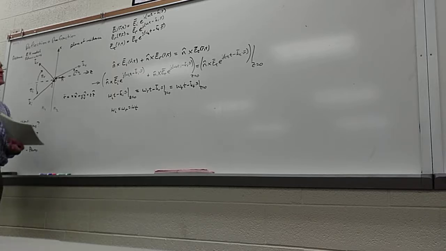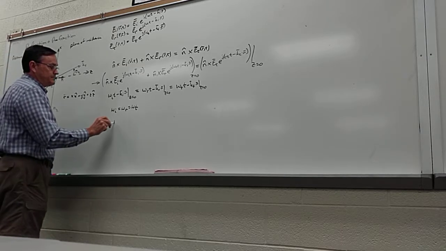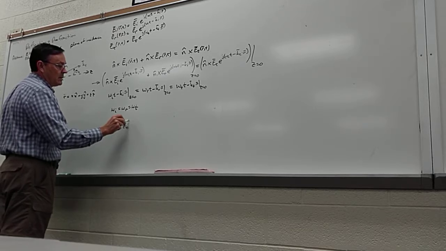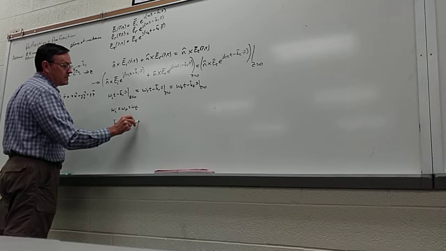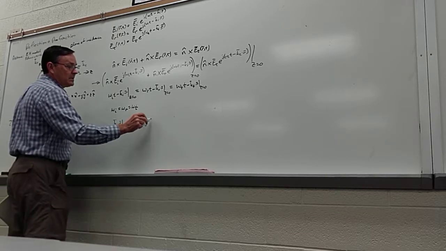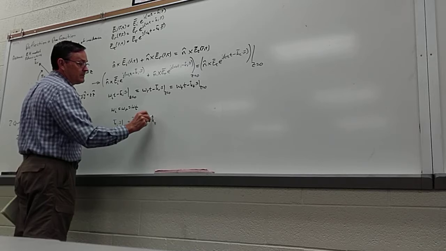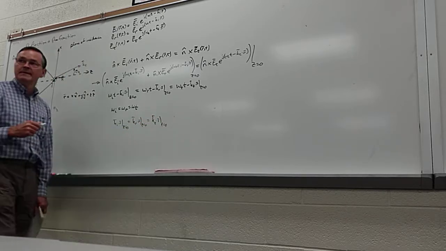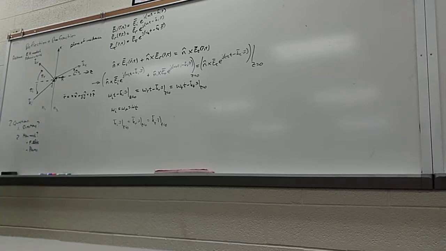Okay, so that leaves us with k_i dot r at z equals 0 has to be k_r dot r at z equals 0, has to be equal to k_t dot r at z equals 0. Okay.